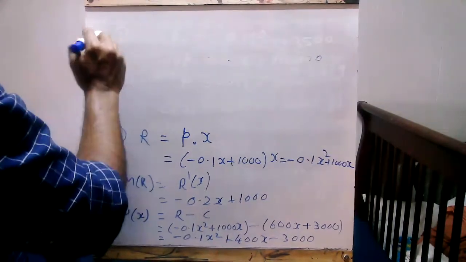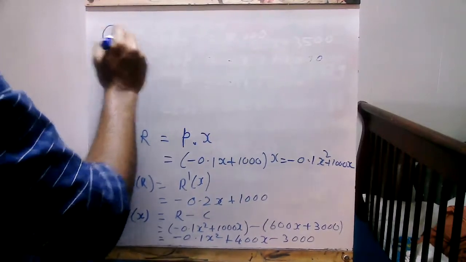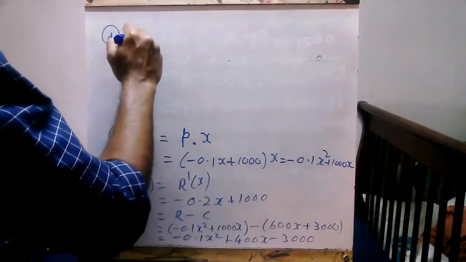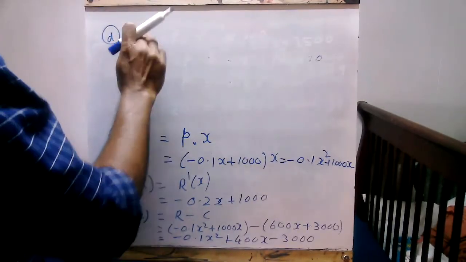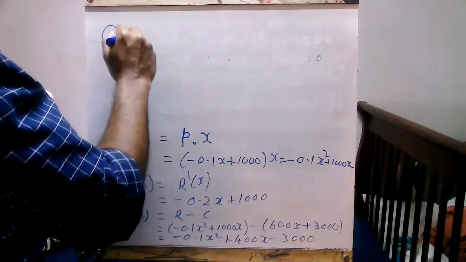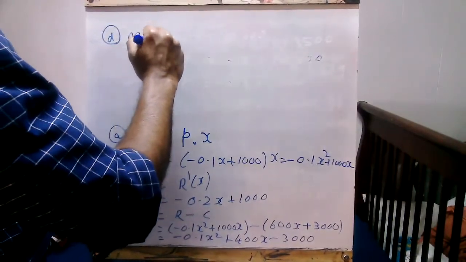Part D, we found the profit function, marginal profit is, say, MP.